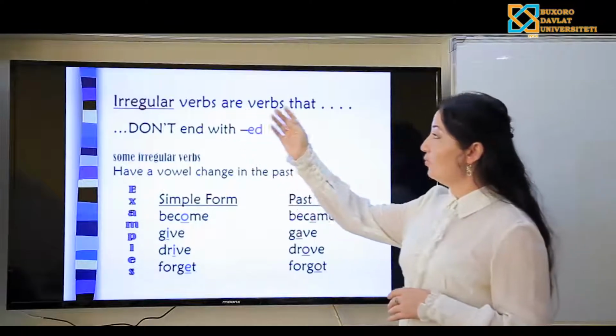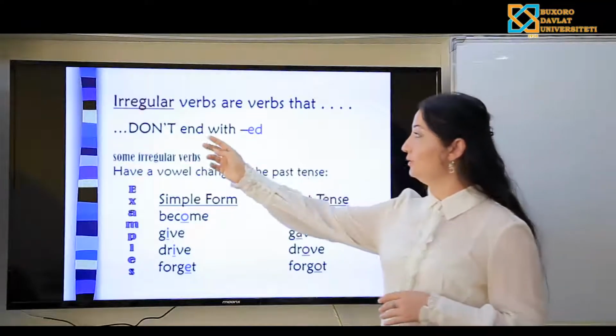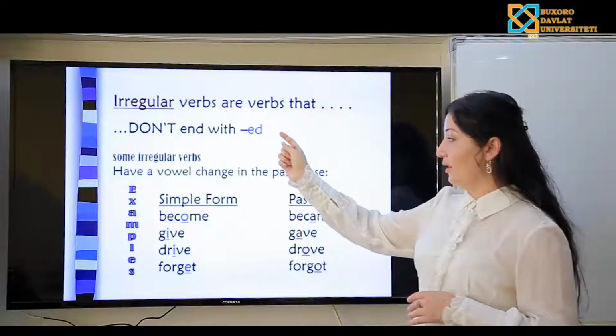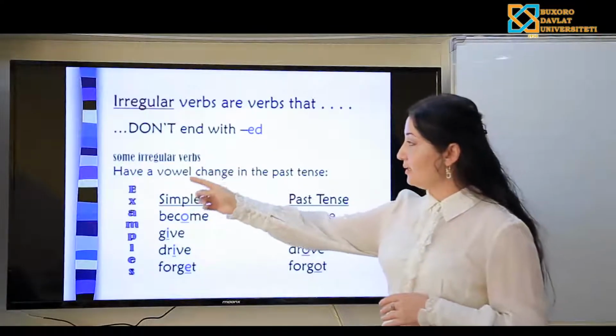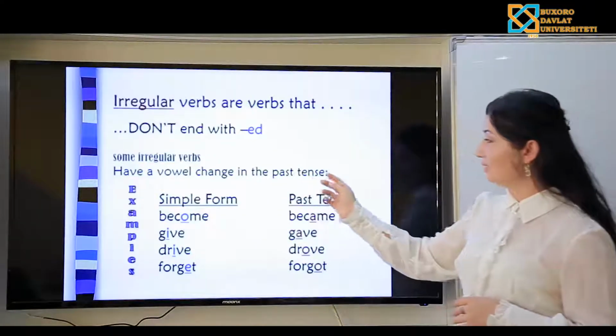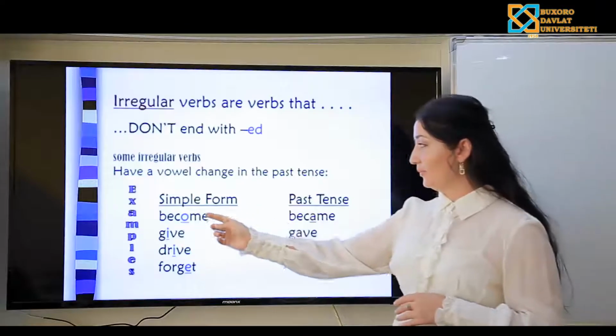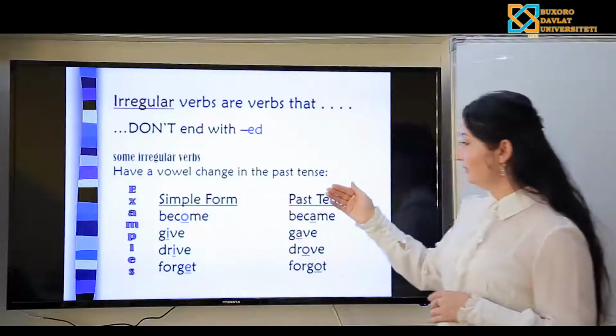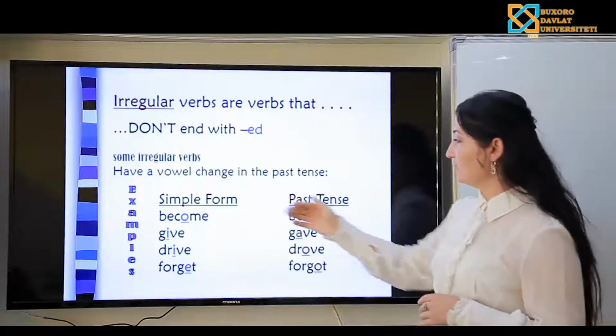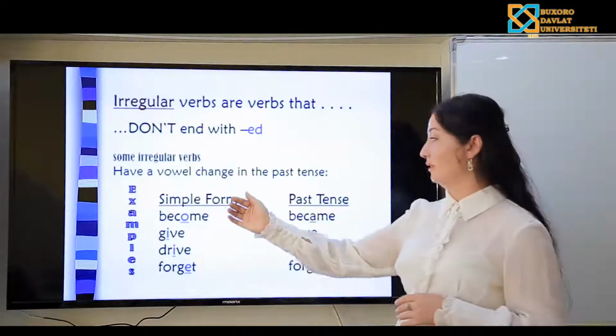Irregular verbs are verbs that don't end with ed. Some irregular verbs have a vowel change in the past tense. For example, the simple form and the past tense of these verbs.